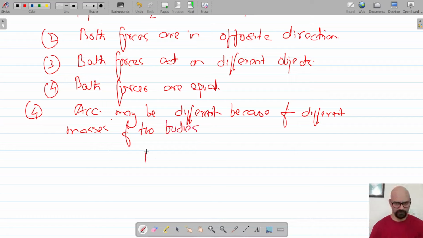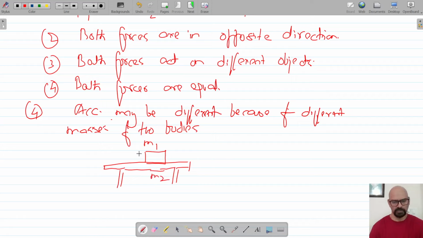Let's say this is a block resting on the table. Mass of the block is m1 and mass of the table is m2.